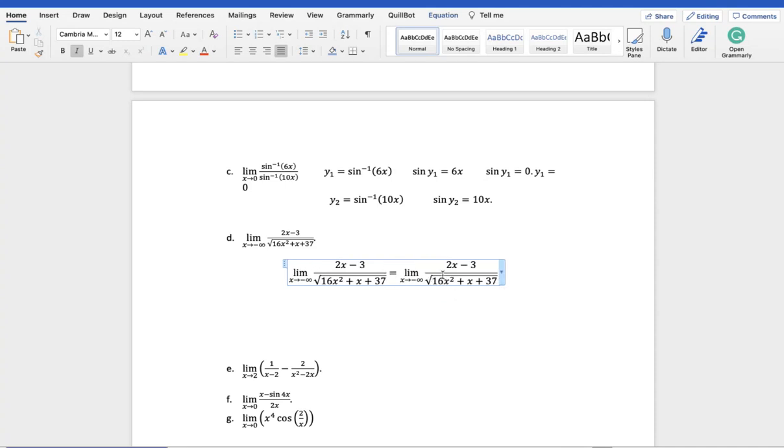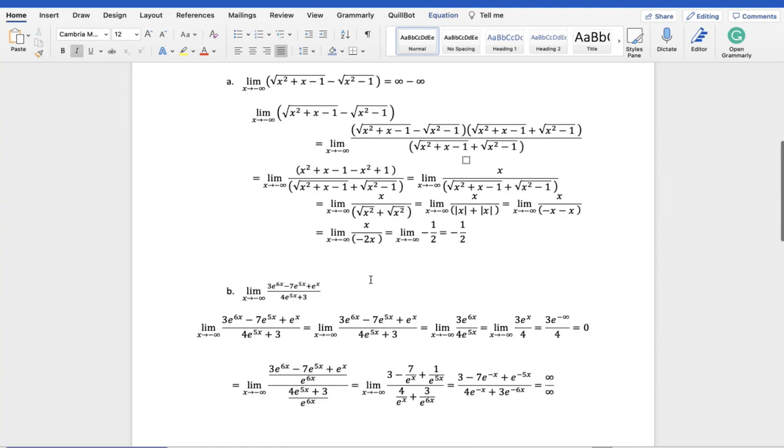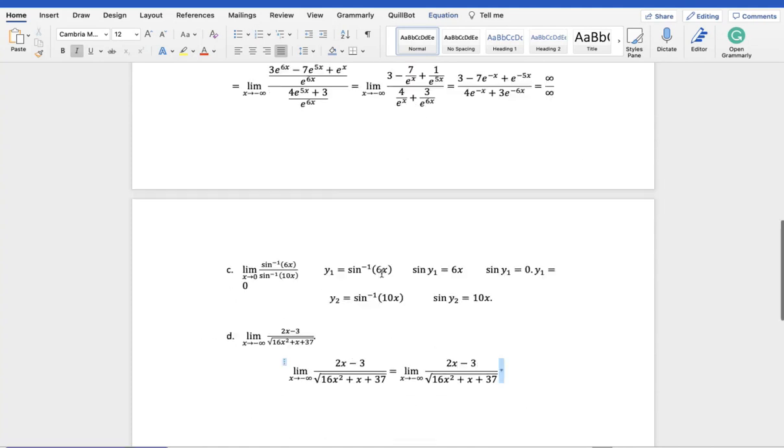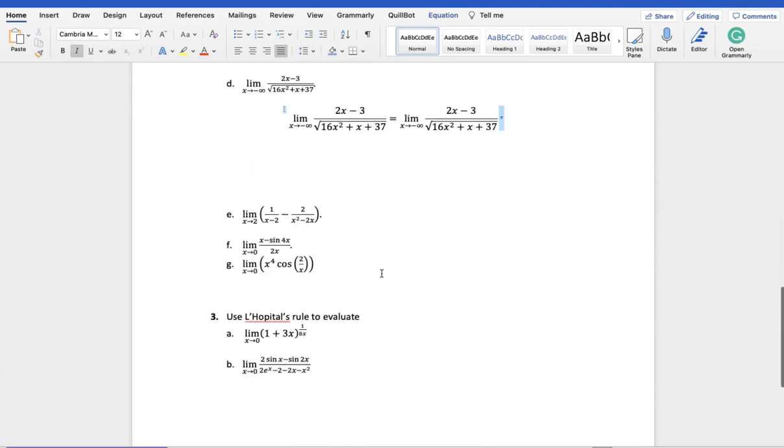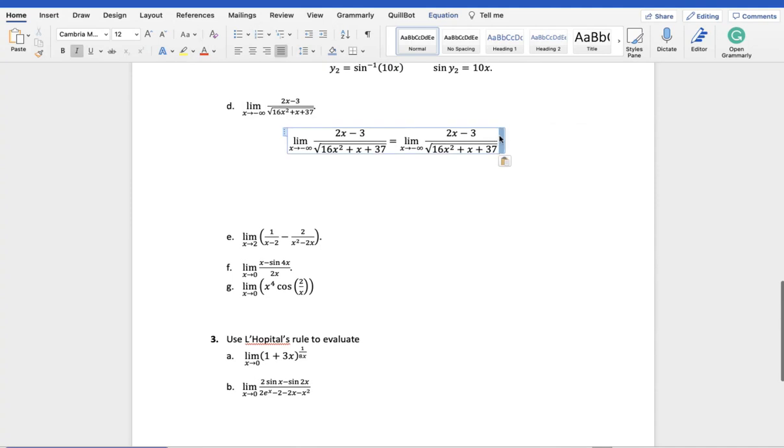Now for this one, the same rule that we used before applies, the first two problems. So we'll take the highest degree in the numerator, so the highest order, 2x, divided by the term with the highest degree in the denominator, which is just the square root of 16x squared.